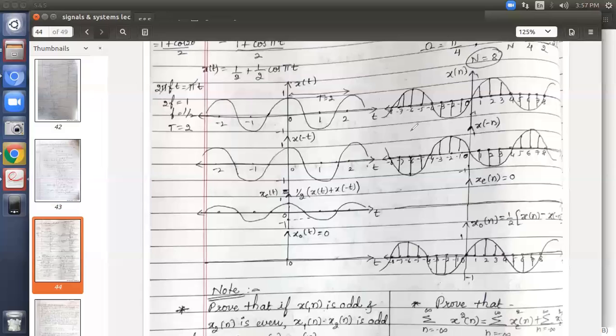It means, suppose one signal is positive, say a, and another signal has a value that is negative, say -b. So the question is, you should prove that a into -b, when you multiply, your answer should be negative, -ab, a negative odd signal. Fine, you already know this. How to prove that? These two documents, the note, these two proofs I have already shared in the Google Classroom. Go through the derivation proof. If you don't get anywhere, please contact me. Okay.